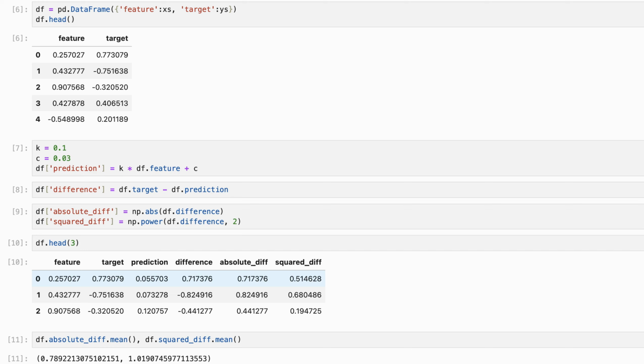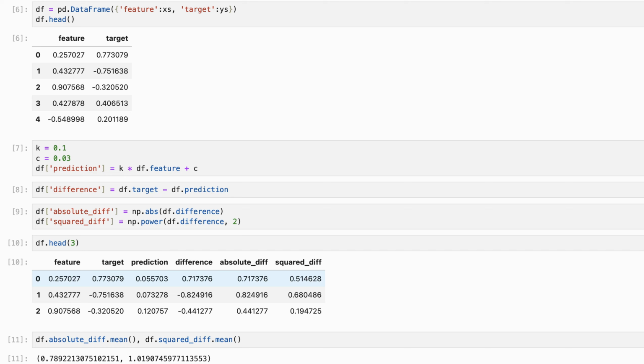Finally, to turn these differences into a single accuracy number, we take the mean or average of the absolute differences and of the squared differences. This is done in cell 11. So now we have two different metrics or measures to evaluate a model. Next, let us see how these two measures relate to each other. For that, we generate a large dataset with 100,000 data points. Then, 10,000 times we do the following.